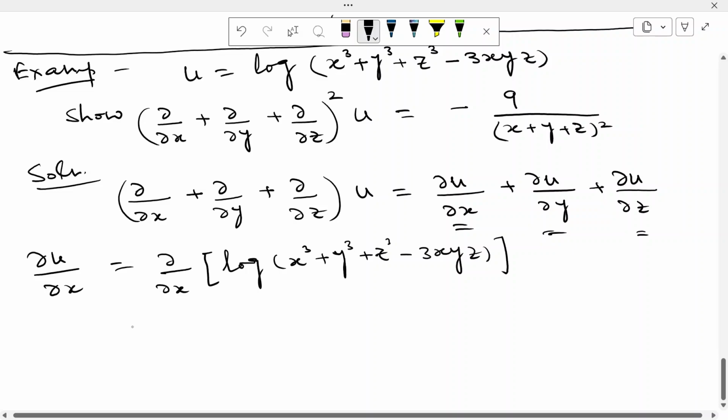So when you differentiate, first we have to perform the differentiation due to this log.